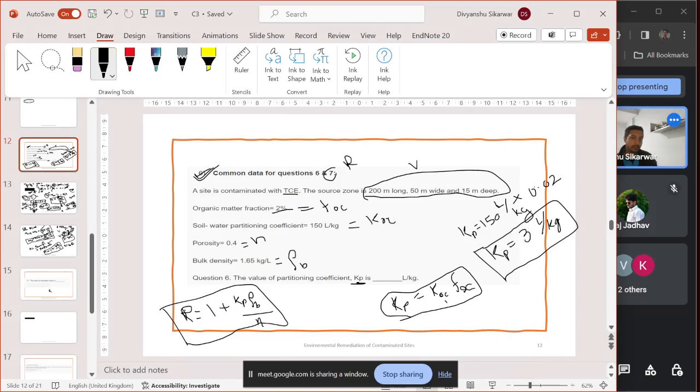Calculate R value. Tell me the answer, please. You just have to put the values in the formula and calculate R.